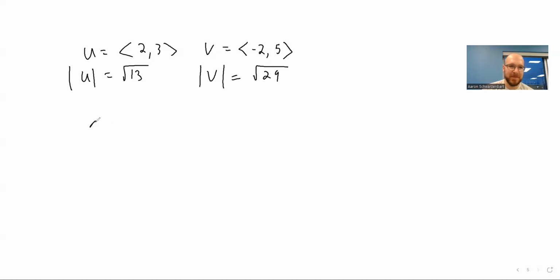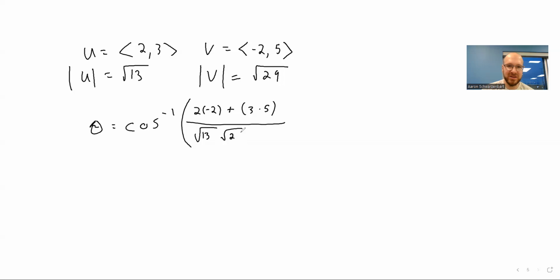So, again, I'm just going to do the inverse cosine one. Dot product, 2 times -2 plus 3 times 5 over square root of 13, square root of 29. And I just want an answer.